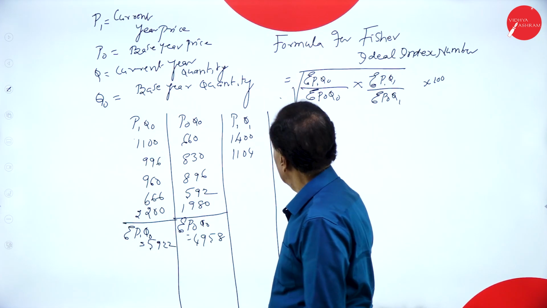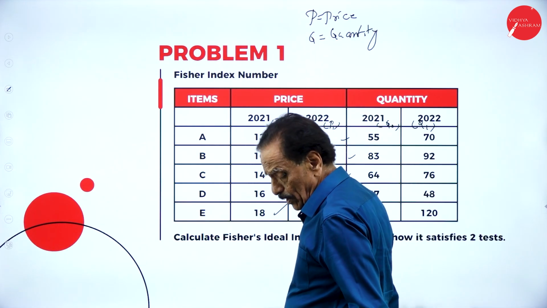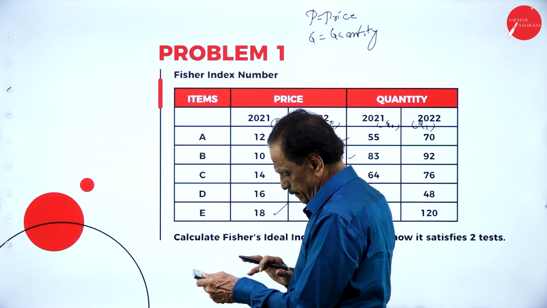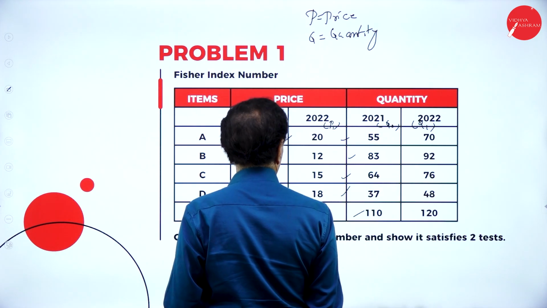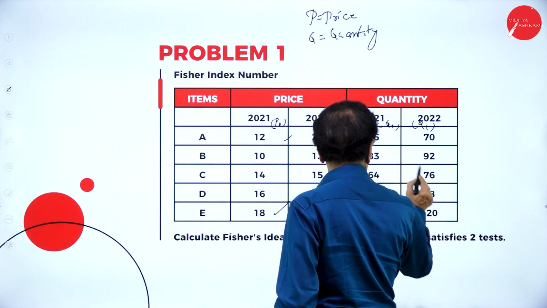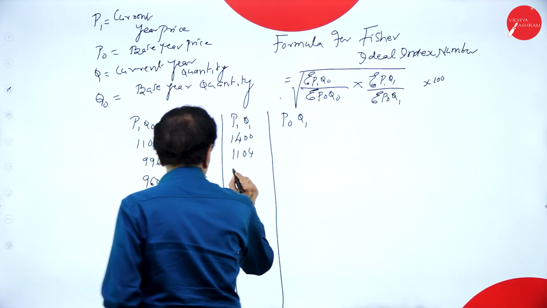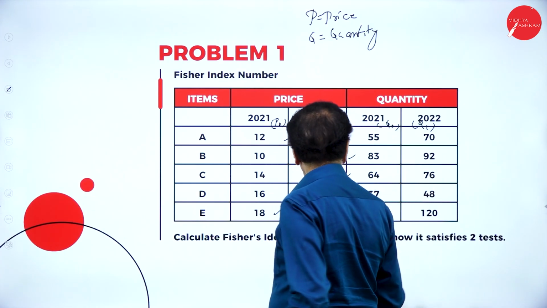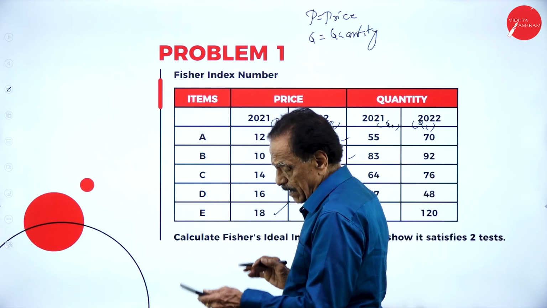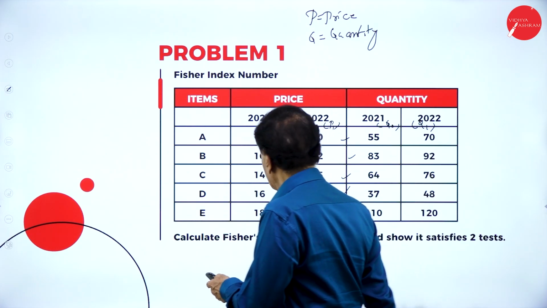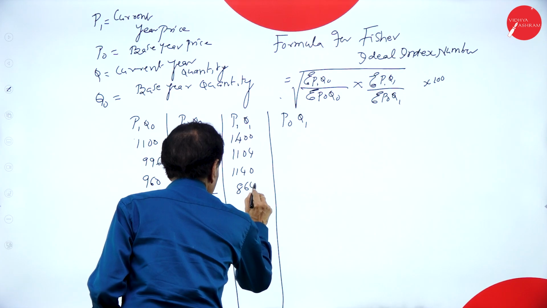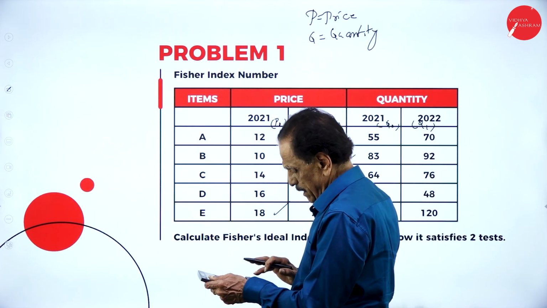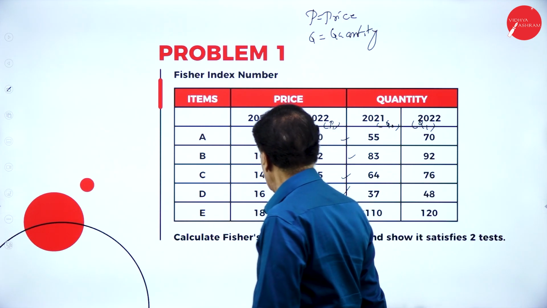Next one, 15 into 76, 1140. 18 into 48, 864. Then 20 into 120, 2400.